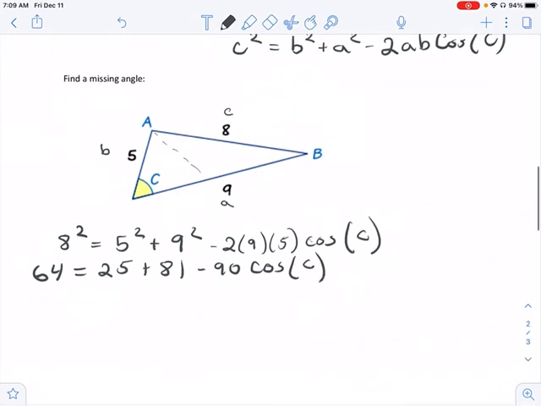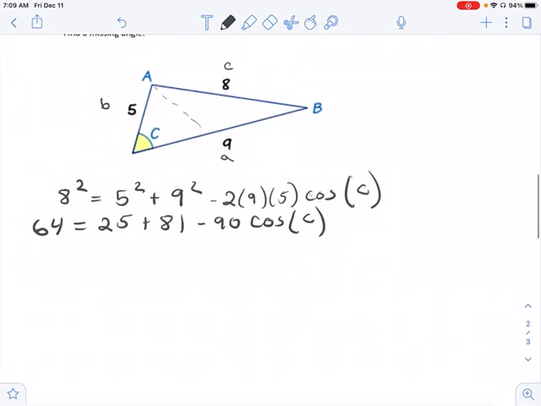Hopefully I didn't mess up any of that mental math. Continuing to solve here, this is going to equal 106 minus 90 cosine C. I'm going to subtract 106 from both sides.